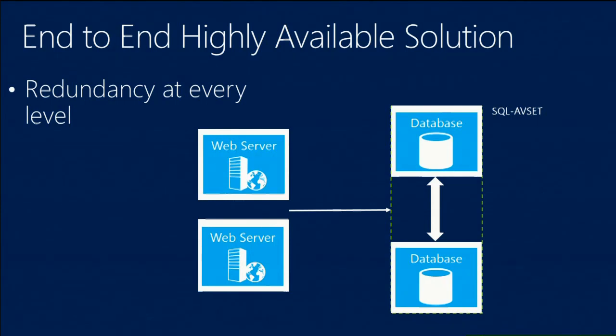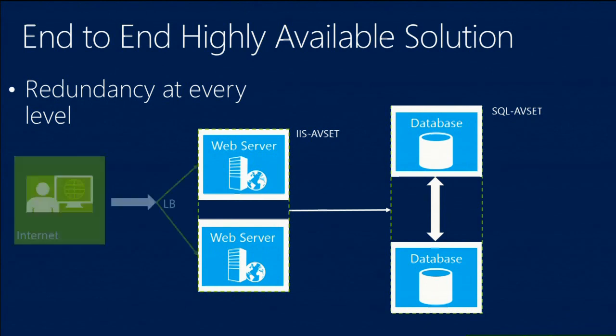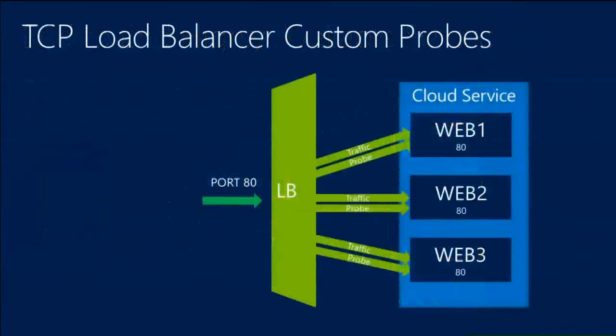As long as 2 virtual machines have the availability set name exactly the same, then they're grouped. That's all it takes. So your SQL servers would be SQL AV set. Your IIS servers could be IIS AV set. They could call it web server AV, whatever you want to call it. It's just a string. And then use load balancing for additional redundancy. So here's a little bit more about using the load balancer probes.